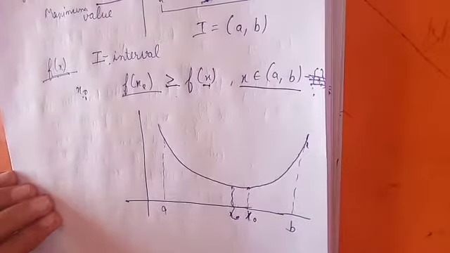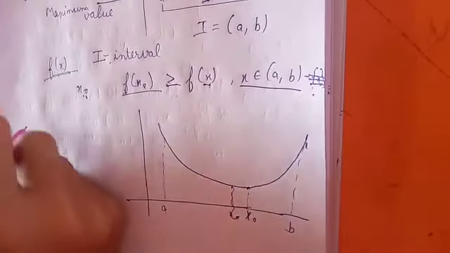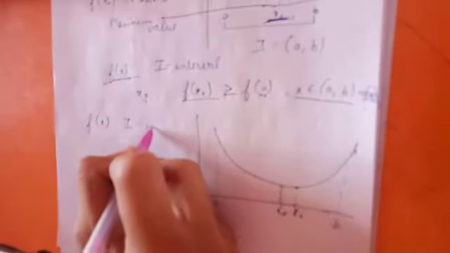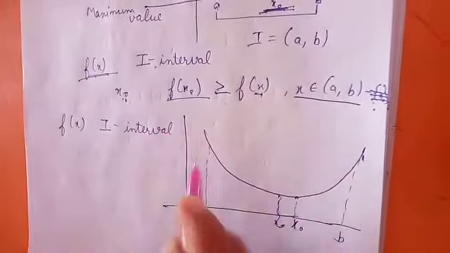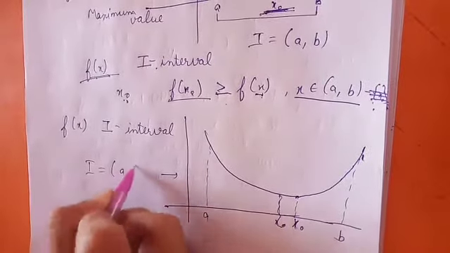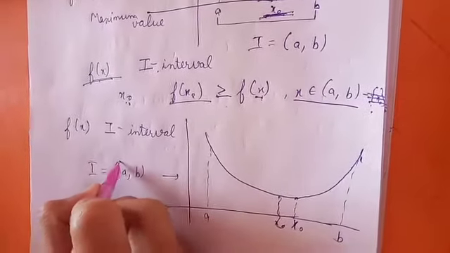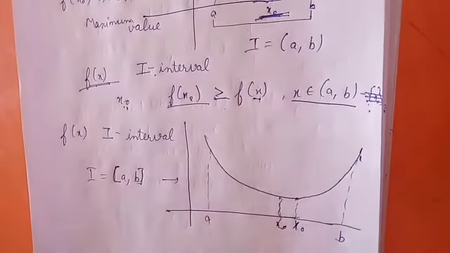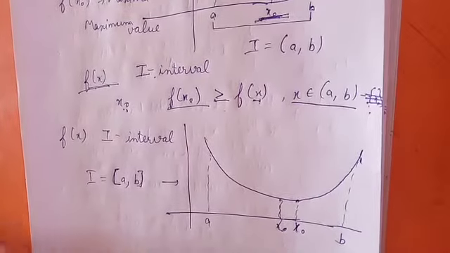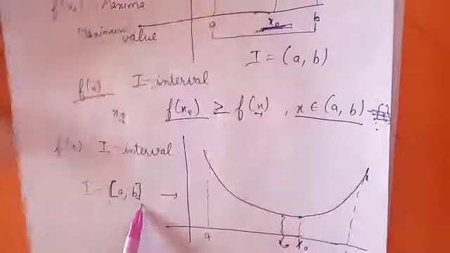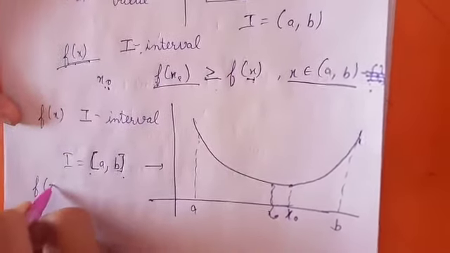So how will we define it? We have the function f of x, and I is our interval, and in this graph I is equal to A to B, where the square bracket means the values of A and B are also included in the interval. In the interval A to B we have f of x naught.